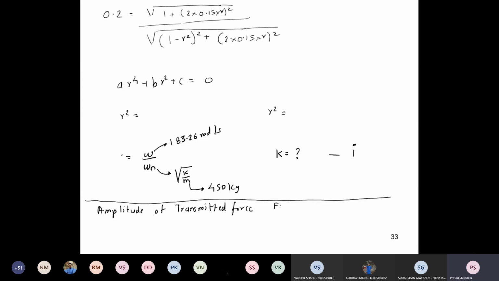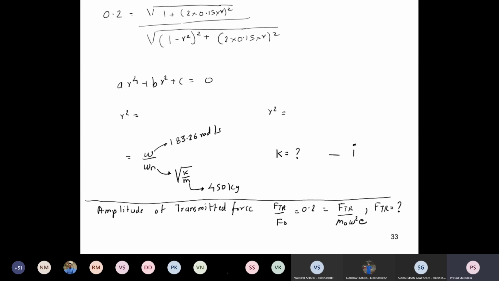FTR by F0 is given as 0.2. So you have to find out FTR, and F0 is M0 omega square into E. This equation will give you the value of force transmitted.